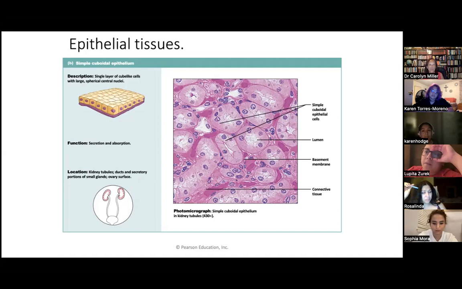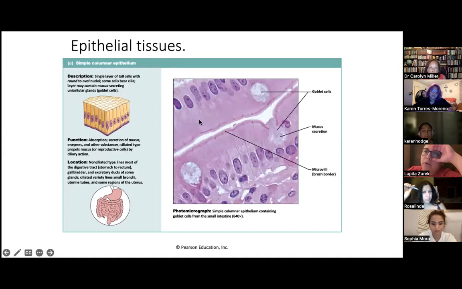Simple columnar in the intestines. I need more time to absorb all of the nutrients. Also, when you get to that organ system in AMP2, they're going to talk about microvilli, or the brush border. I got all these nutrients that I need to absorb in the simple columnar, and rather than going like this, how about if I have finger-like projections?